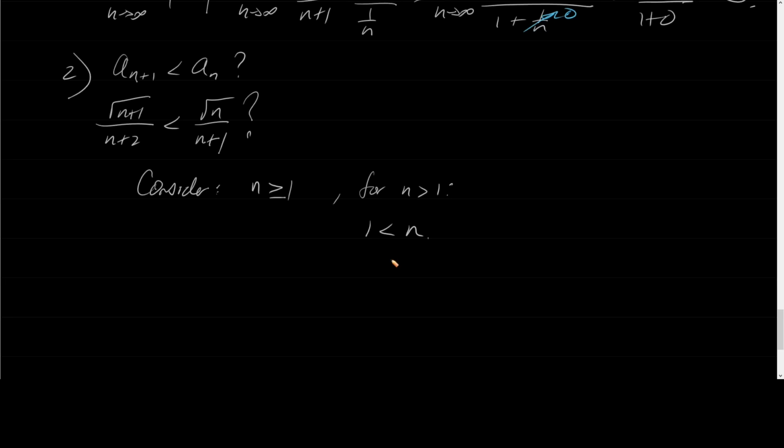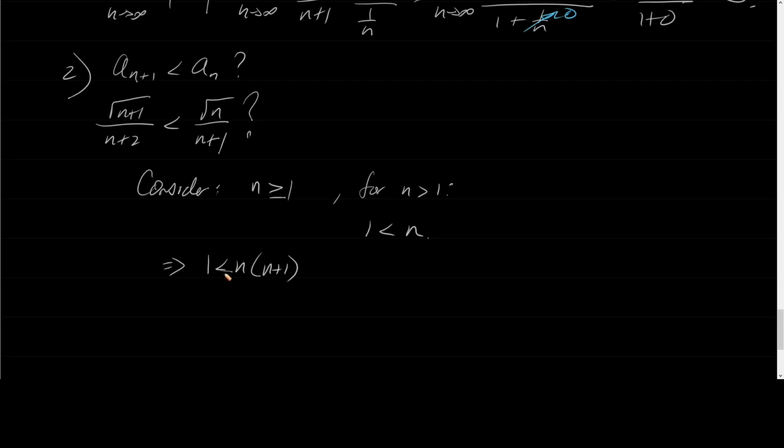Because if n is greater than 1, then 1 is less than n. Cool. But we can also say that 1 is less than n plus 1. So this implies that 1 is less than n times n plus 1, right? Because n plus 1 is some positive value and n is at least 1, so that product is going to be bigger than 1.